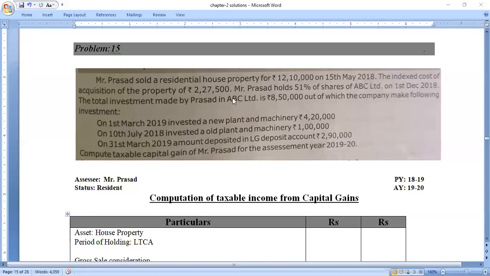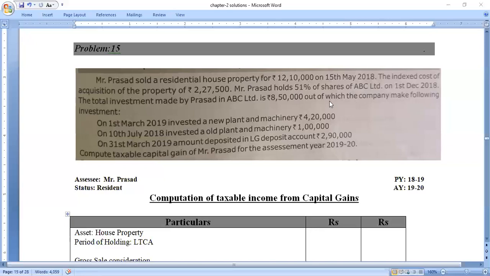So here the assessee has sold the house property, which is a long-term capital asset, and after selling the asset, he has invested the amount in the shares of ABC Limited by holding 51% of ownership. So here the assessee can claim the exemption under section 54GB because he is selling a long-term capital asset, either house property or land, and after that he has invested the amount in the shares of the company. So he is eligible to claim the exemption under section 54GB.